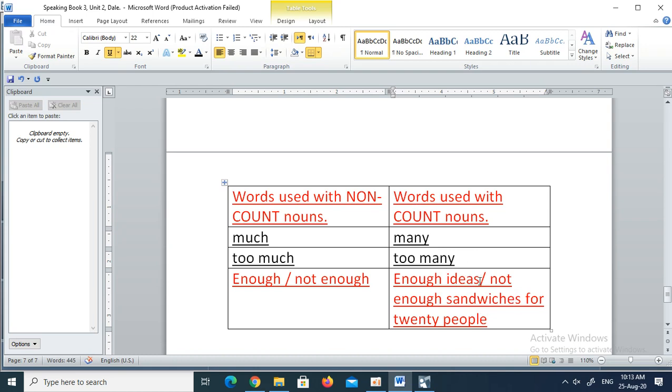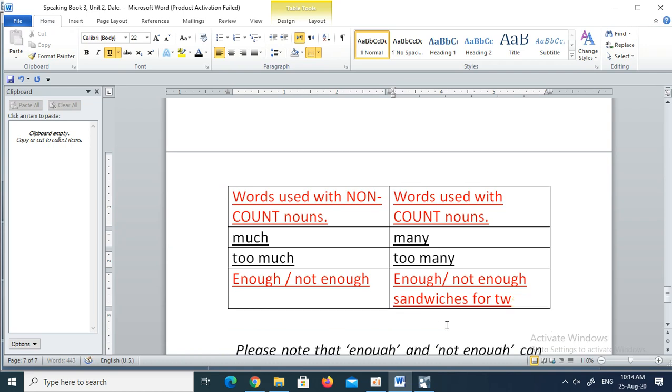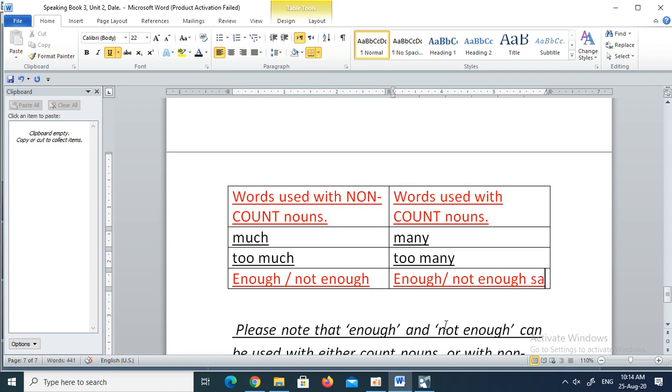So we can use enough and not enough, either with count nouns or with non-count nouns. But remember, much can only be used with non-count nouns. Too much can only be used with non-count nouns. Many can only be used with count nouns. And too many can only be used with count nouns.